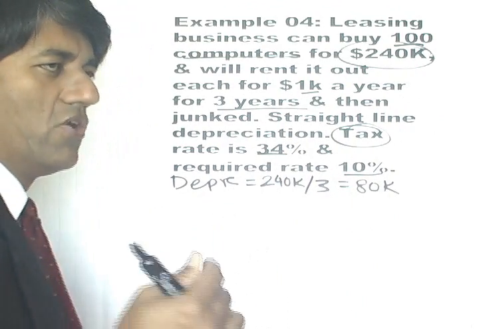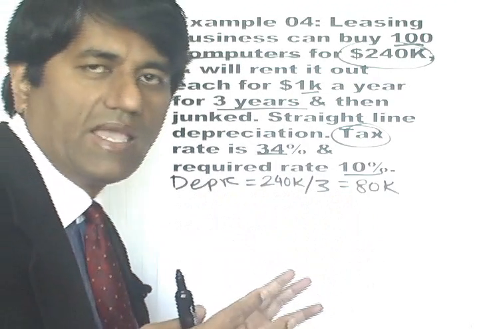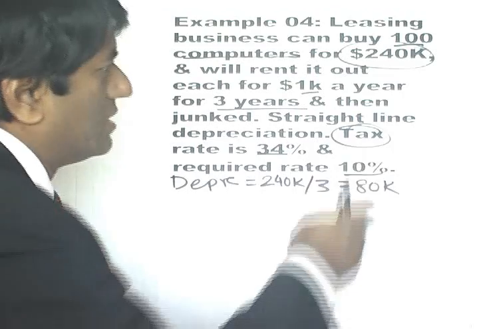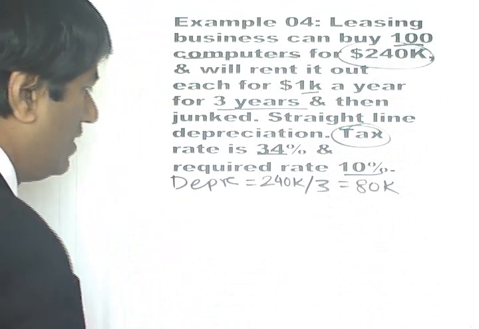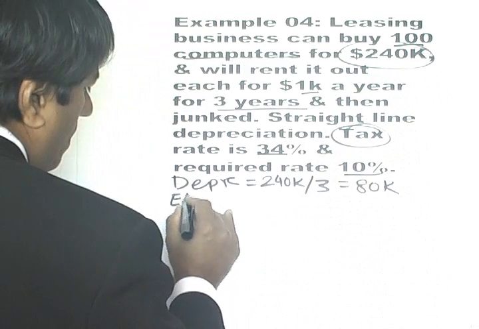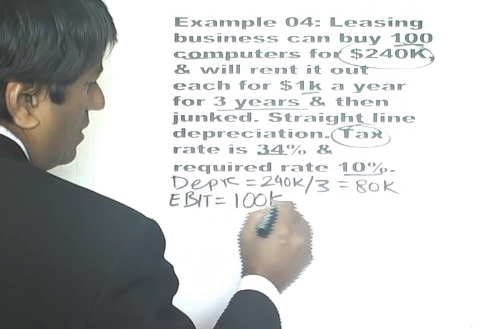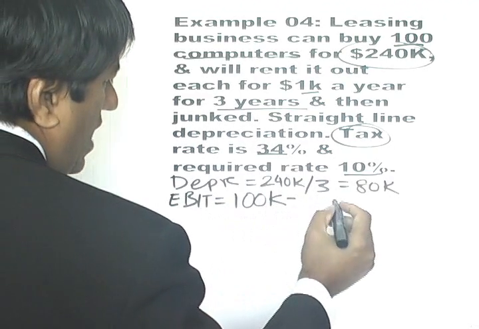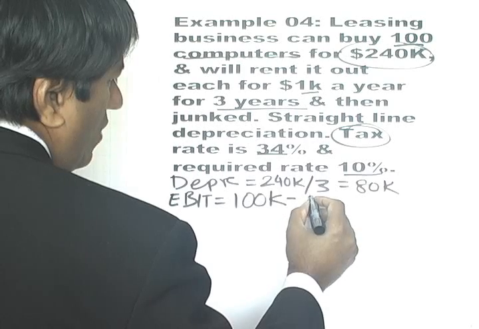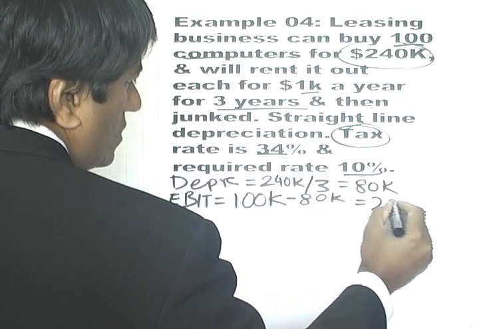So for each year you have revenues of 100,000, and in the simple case we assume that there are no other costs except the first initial investment that you made. So your EBIT is going to be 100,000 minus depreciation of 80,000, or that is going to be 20,000.